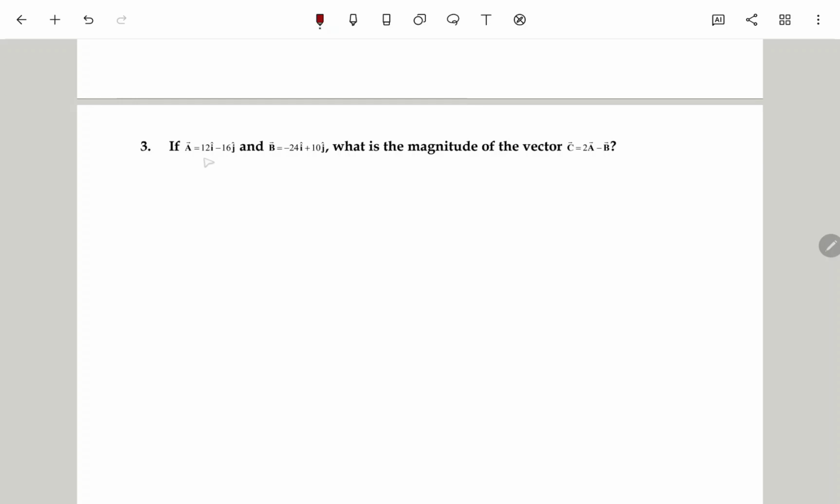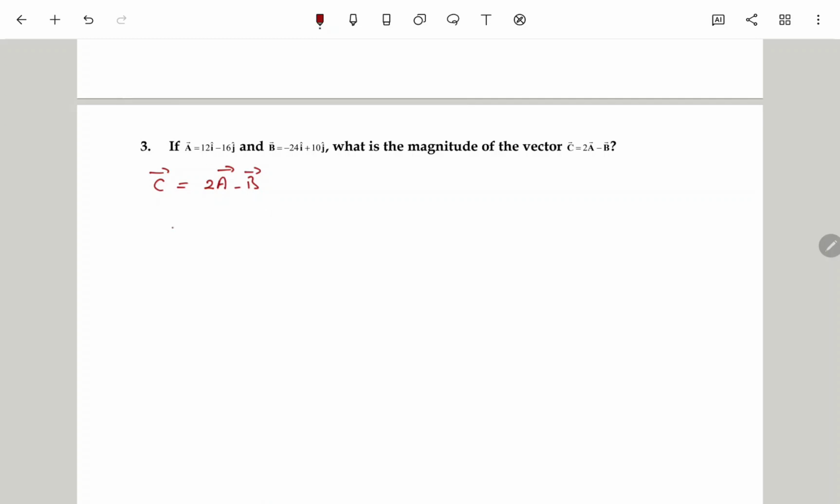If vector A equals 12i minus 16j and vector B equals minus 24i plus 10j, what is the magnitude of vector C, which equals 2A minus B? In order to find vector C, we need to multiply vector A by 2 and subtract B from it.